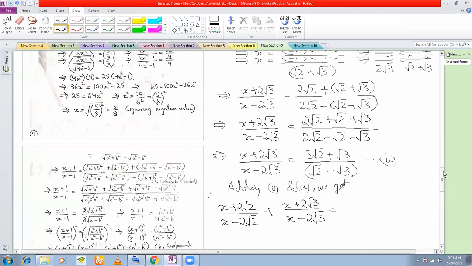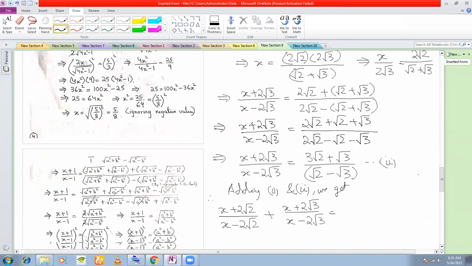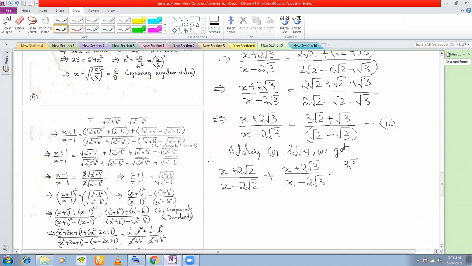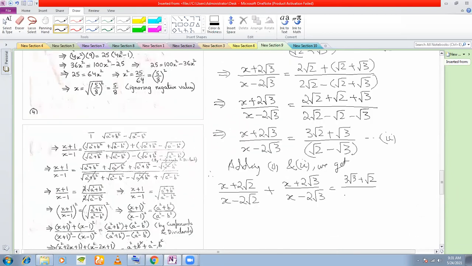On the right hand side, here in 1, you had 3 root 3 plus root 2 divided by root 3 minus root 2, and plus 3 root 2 plus root 3 divided by root 2 minus root 3. Keep all this within brackets.